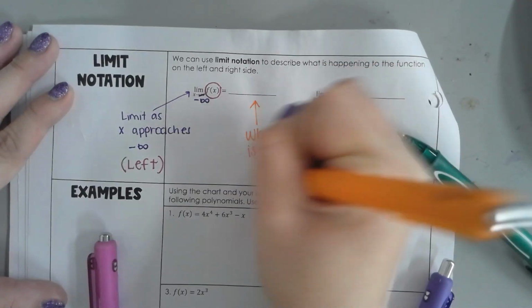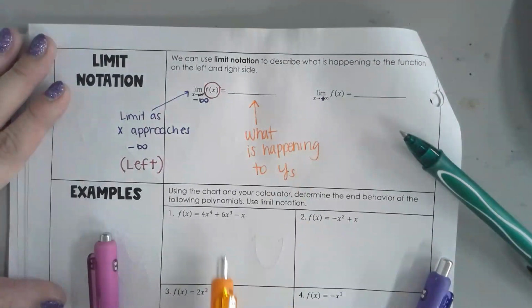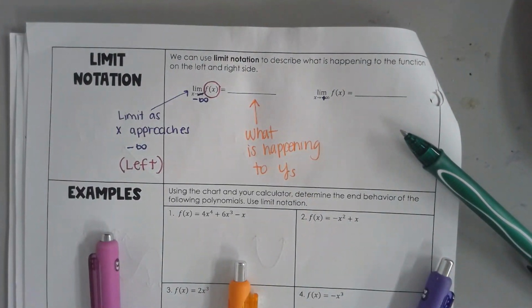What is happening to the y's? If your arrows point up, your y's are getting bigger. If your arrows point down, your y's are getting smaller.